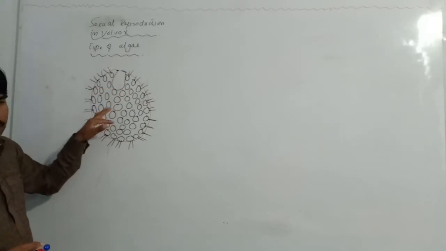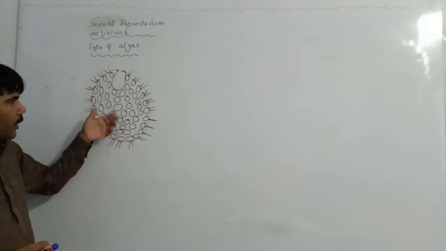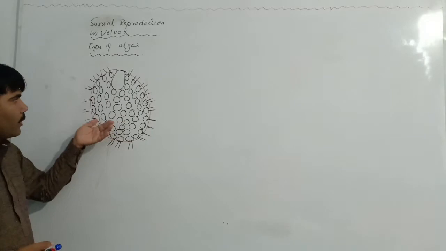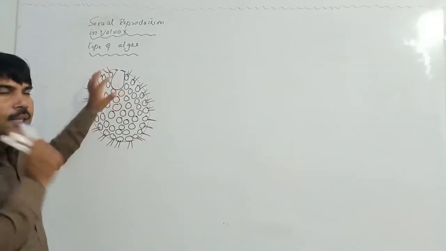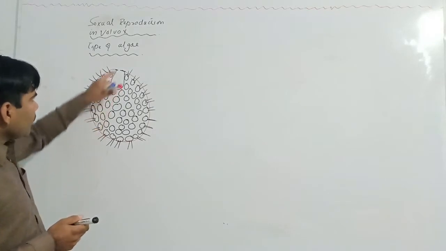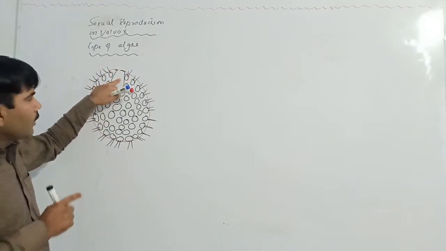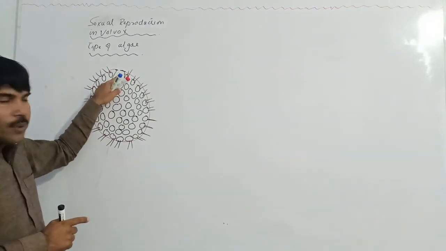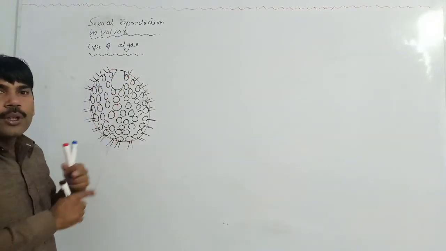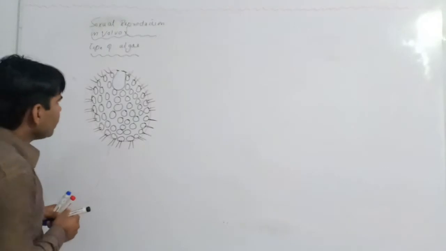More than one cell may be present in a single colony which undergo sexual reproduction, but I am showing here only a single cell. So this cell withdraws its flagella. That means there is no flagella now because it is going to reproduce sexually.